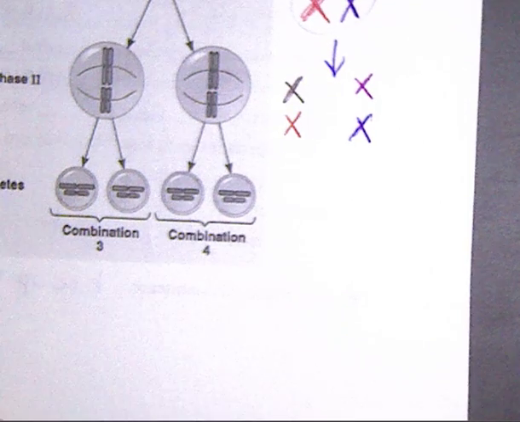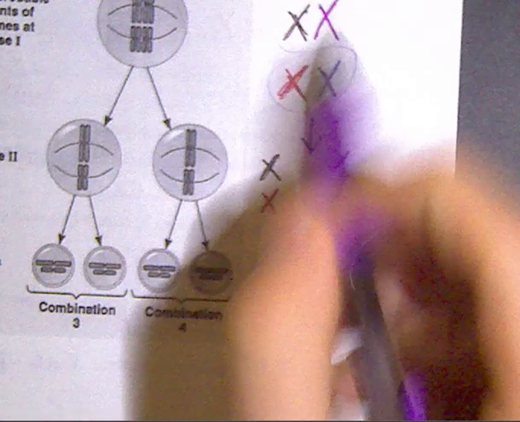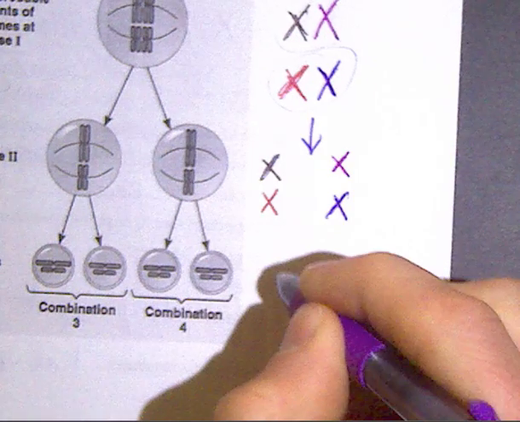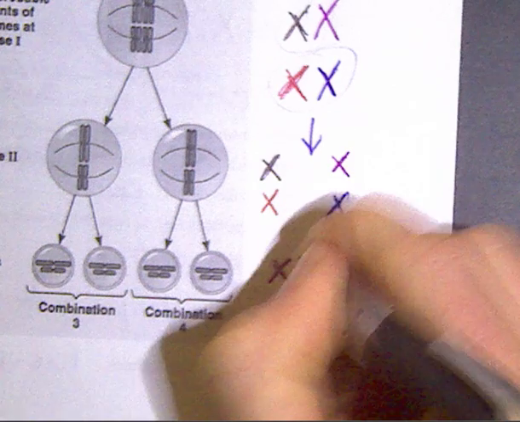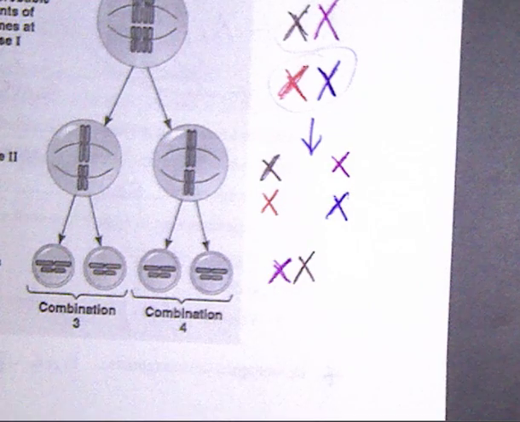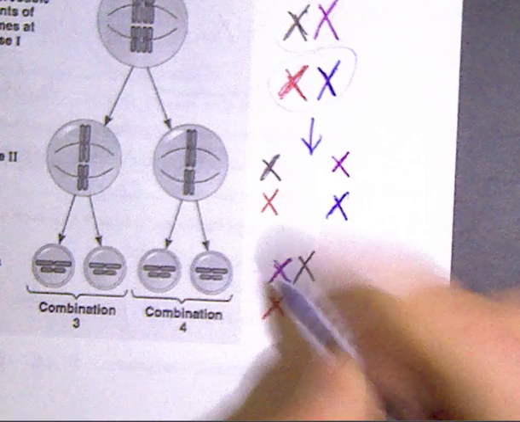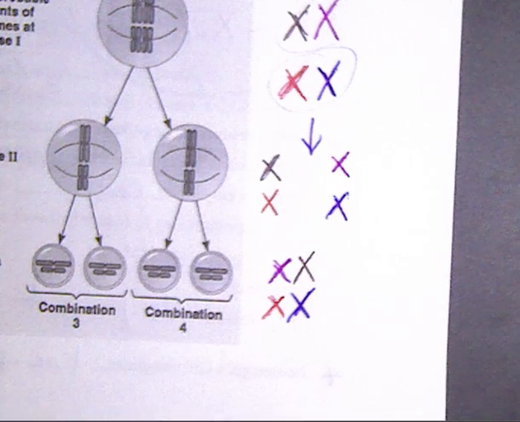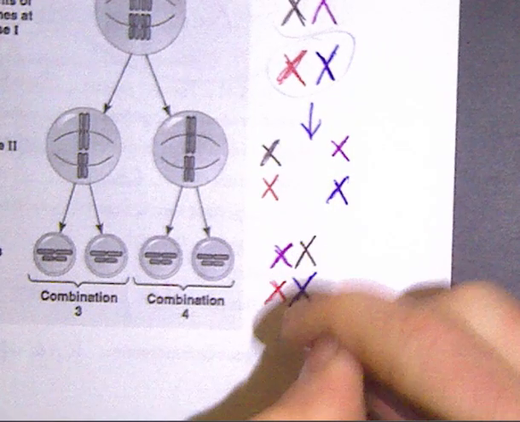But what if they lined up differently? What if instead of having black over here and purple over here, I put purple on this side and black on this side, and I kept the bottom ones the same, red and blue. My homologous chromosomes are still side by side, so I'm still all good there.